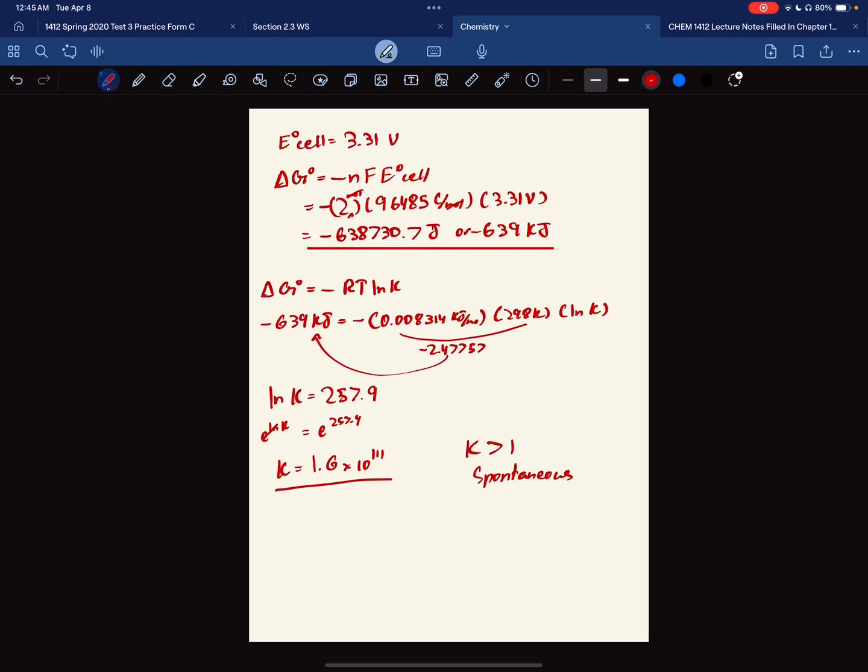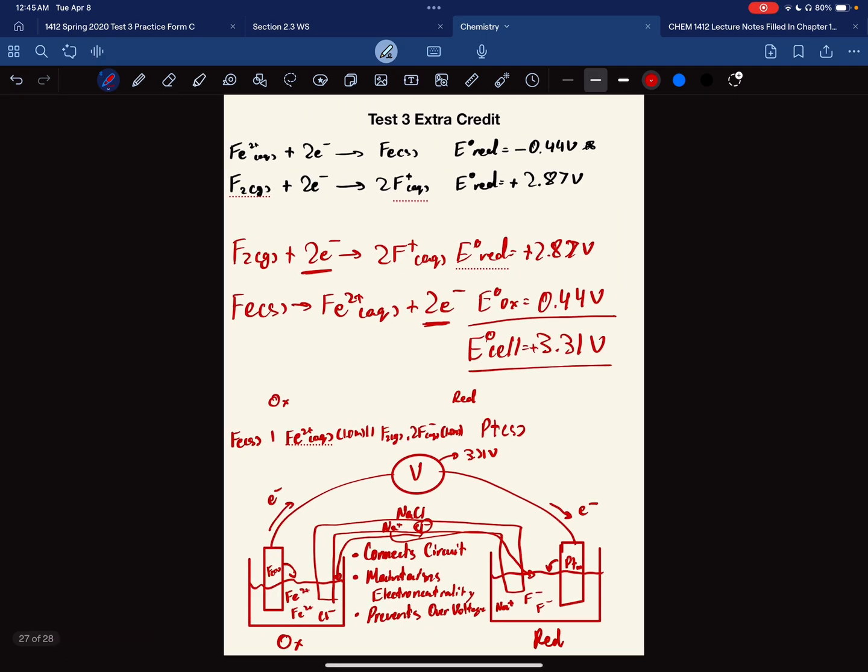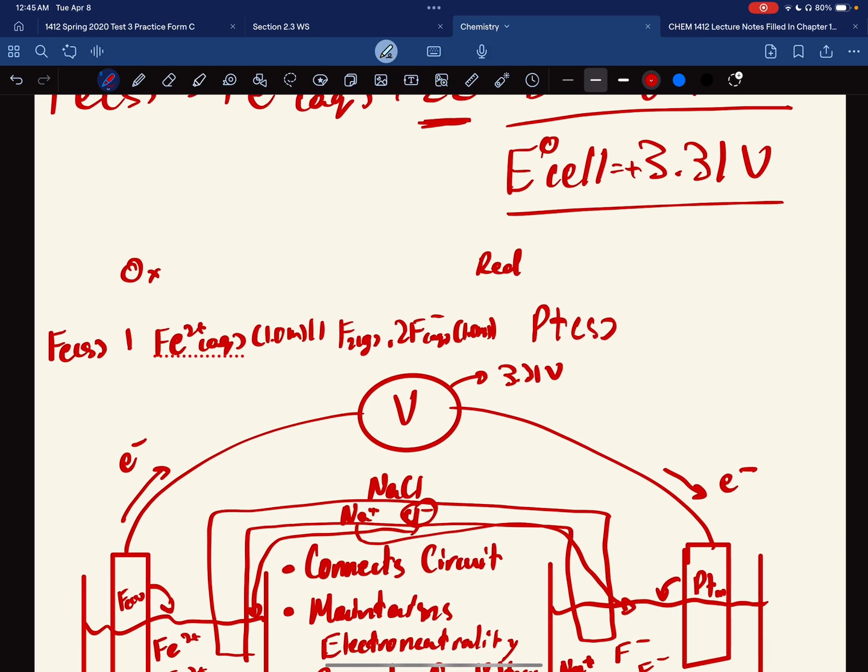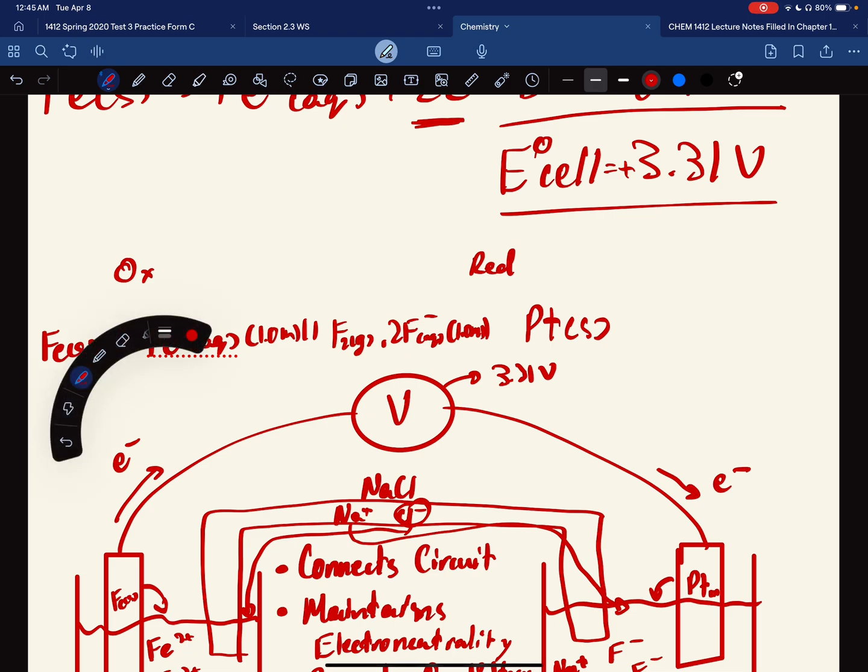So just as a recap, we found E naught cell. We got the two half reactions. We wrote out the shorthand right here.